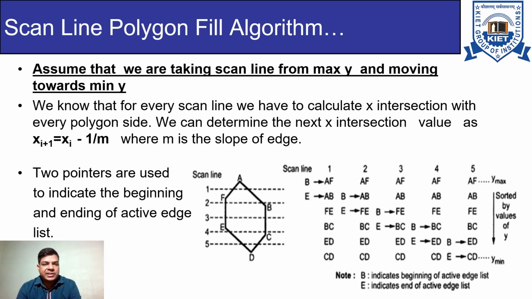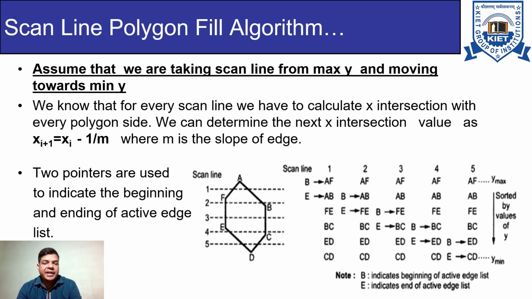Now across each scan line we have the value of y, but we do not have the value of x. So we have to find this intersection point, and the successive intersection points are calculated by approximation.